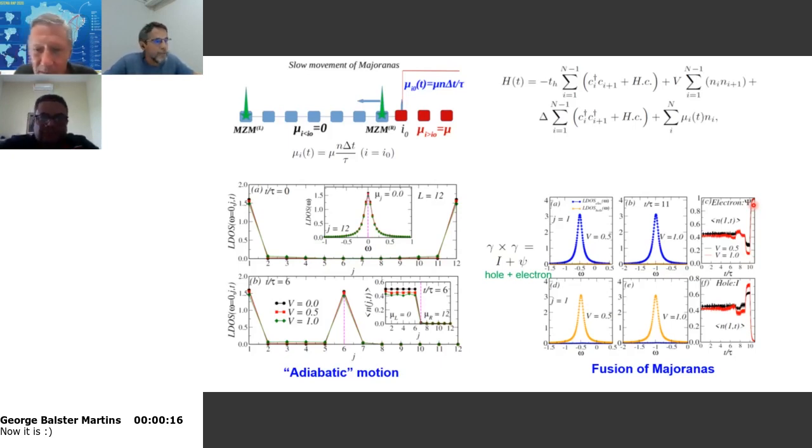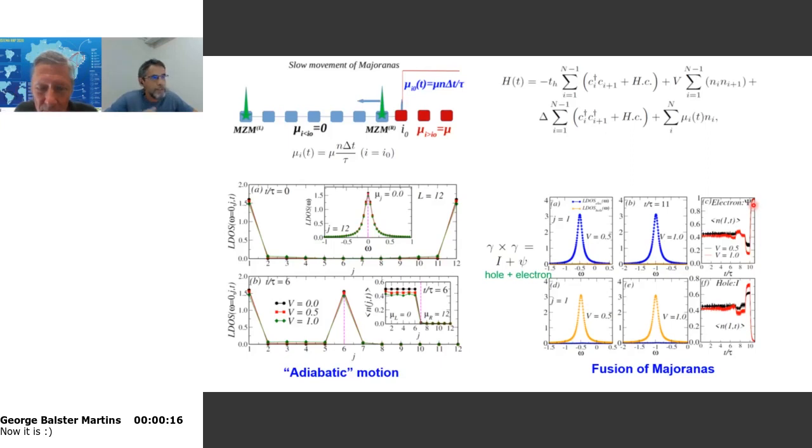Elbio, just a question related to that. This non-charge conservation originates with the fact that you have a superconductor nearby, right? Because let's say you started in this chain with 12 electrons, and then you created the Majoranas, and then you join them together, and it can go either way.